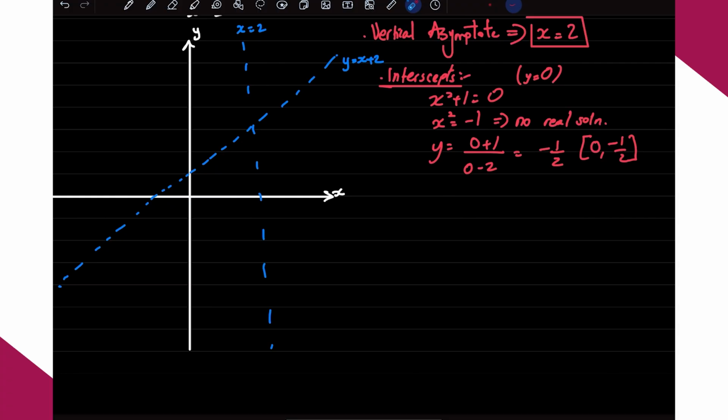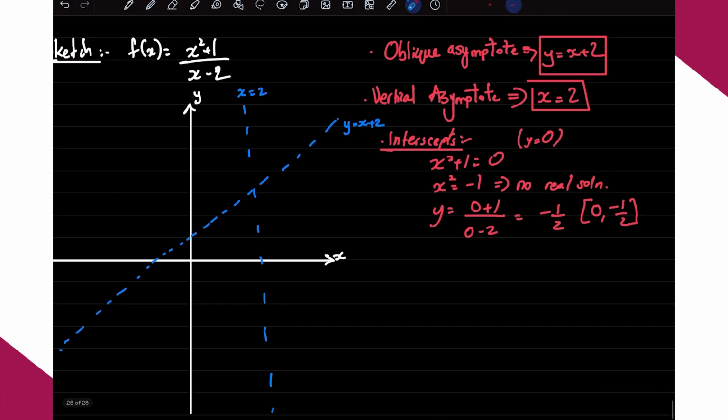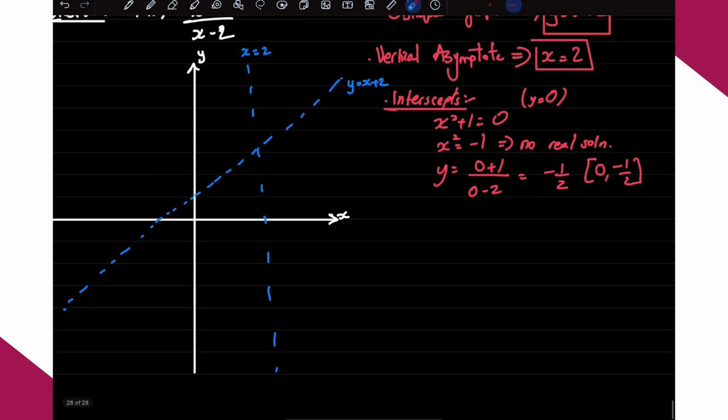So if you want to go ahead and sketch the graph of the following, we need to find the behavior. All right. So in this particular case, we have 0 minus half. So that's going to be somewhere here, right? That's the value. I was actually pointing to this.